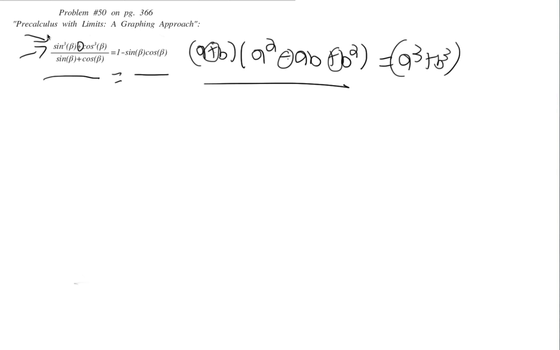It might be a little hard to see sine and cosine with algebra and stuff like that, but let's just say that sine is a and cosine is b, and it makes everything a whole lot easier.